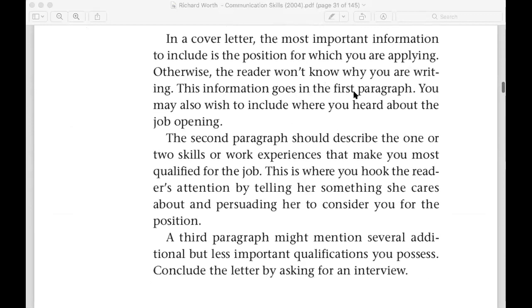So you need to tell your employer where you have seen the advertisement, or where you found out that there might be a vacancy in the organization. Now this is important because if I give you an example from my own field, whenever SPK advertises jobs, they are not just advertising academic jobs, they are advertising administrative jobs as well.